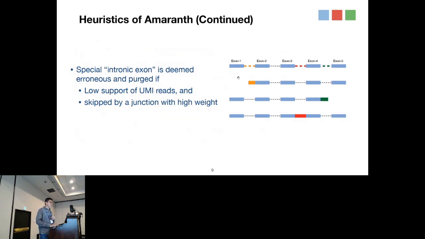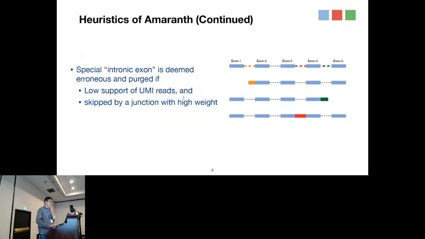And this is the last heuristic, which handles what we call intronic exons, like this orange one, this green one, this red one. They are more likely to be erroneous due to contaminated internal reads.